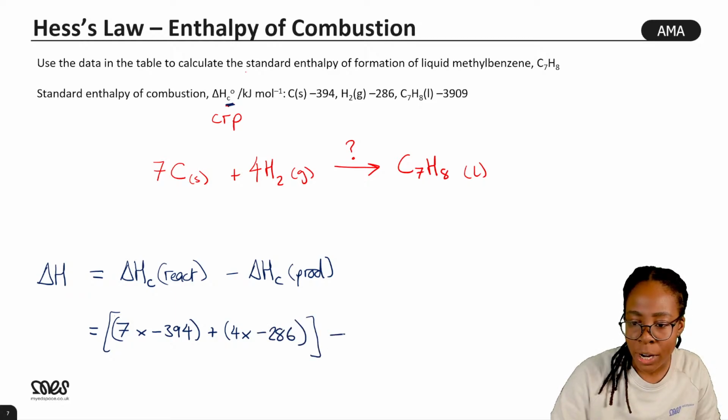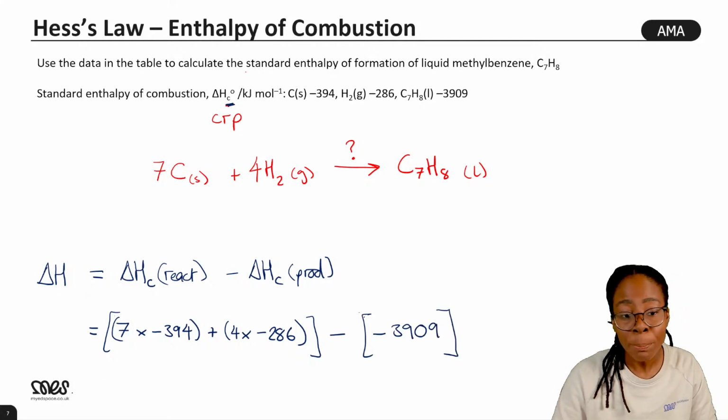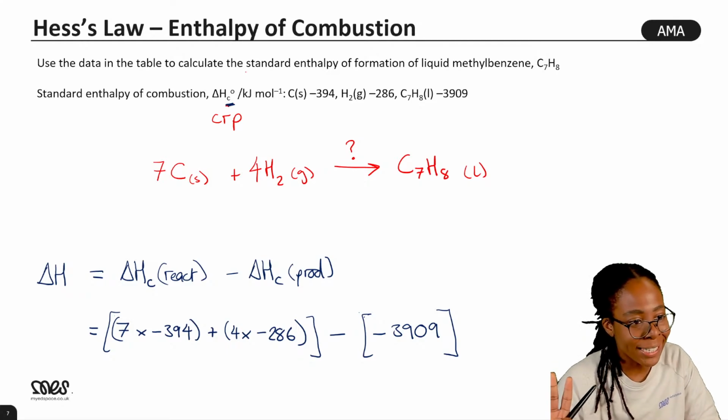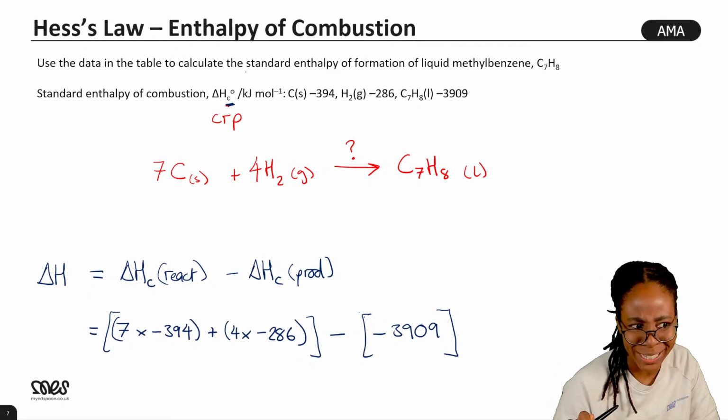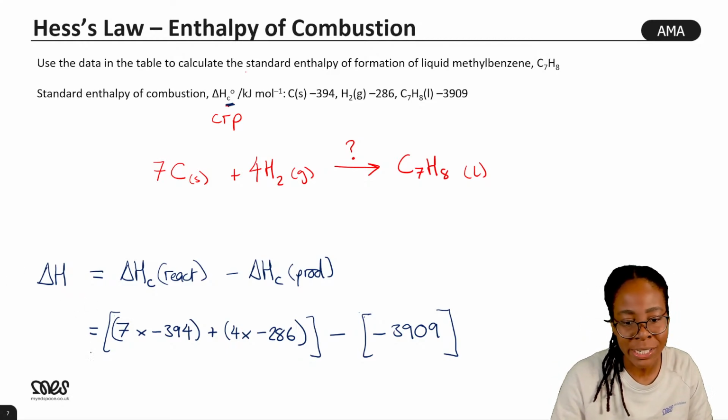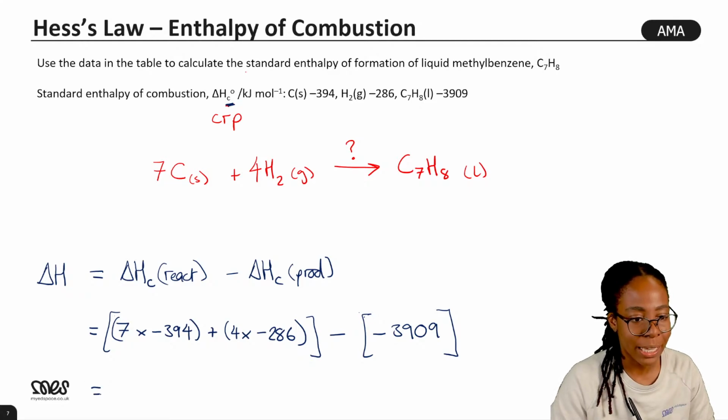And then we're going to subtract the enthalpy change of combustion for our product, which is C7H8. So minus 3909. And when we plug all of those numbers into our calculators that I'm sure lots of you are going to do for me and tell me the answer, maybe we will just get our final answer, and that's it.